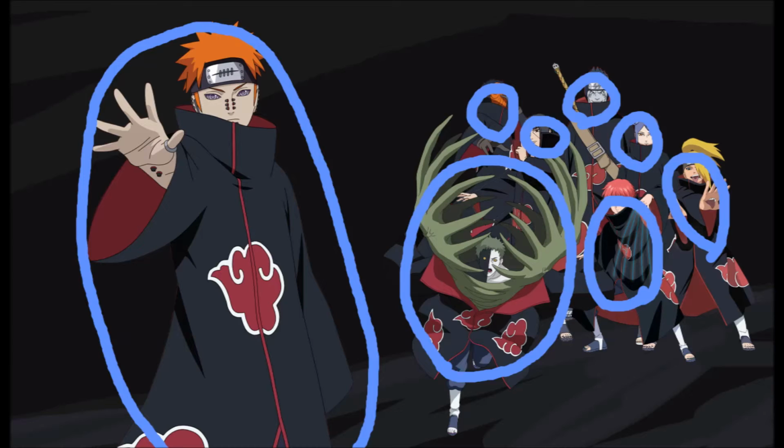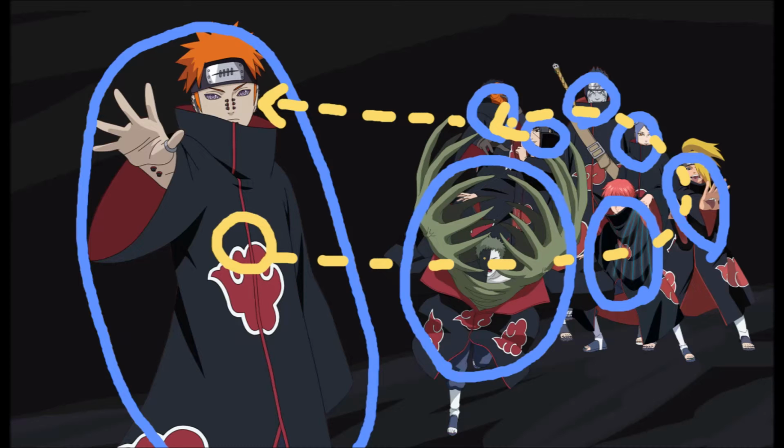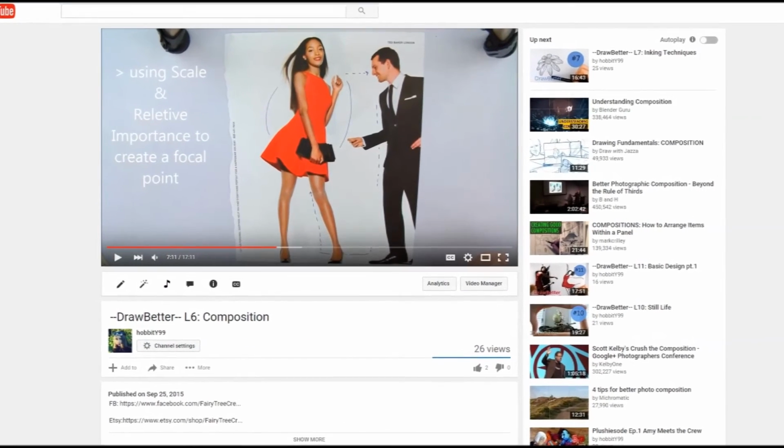And I have Pain as the big circle to the left, and he's the main deal. He's the focal point of this design. Your eye starts at Pain, goes through the circles, and then back to Pain again. You can definitely see how this is like my composition lesson.